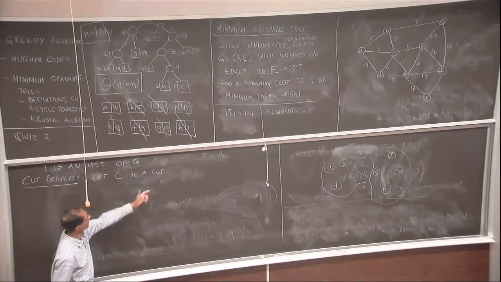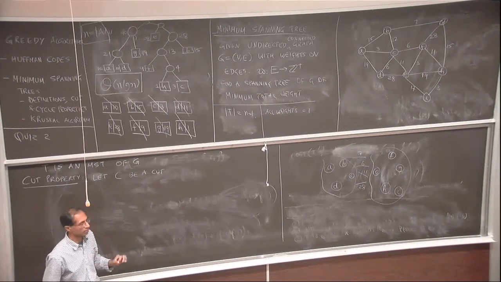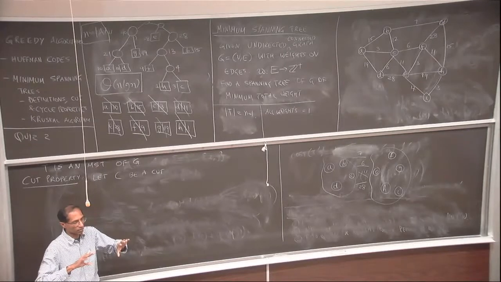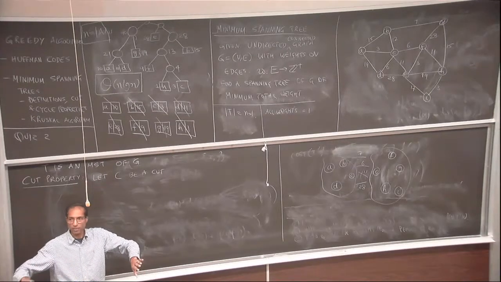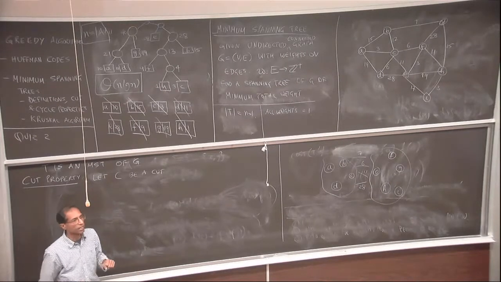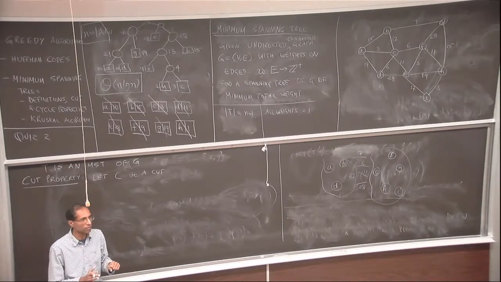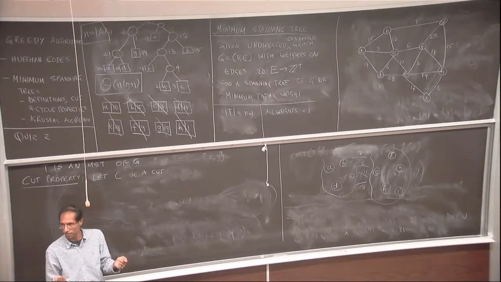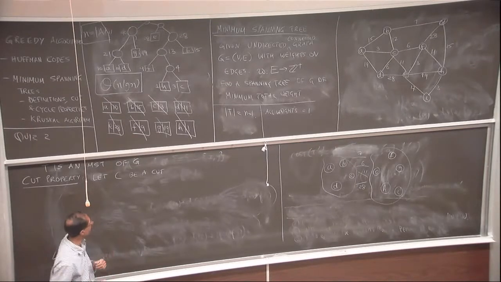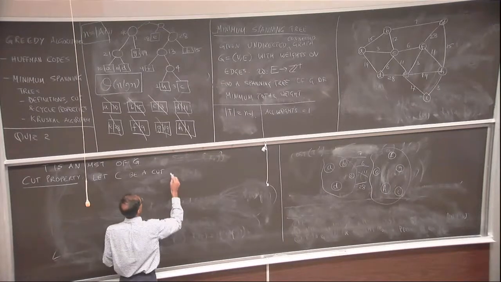Okay, and I'm going to define formally what a cut is. A cut is a set of vertices on one side and a remaining set of vertices on the other side. And when we talk about edges crossing the cut, what we mean is the edges with one vertex on this side and one vertex on the other side. Just the natural definition. So C be a cut.